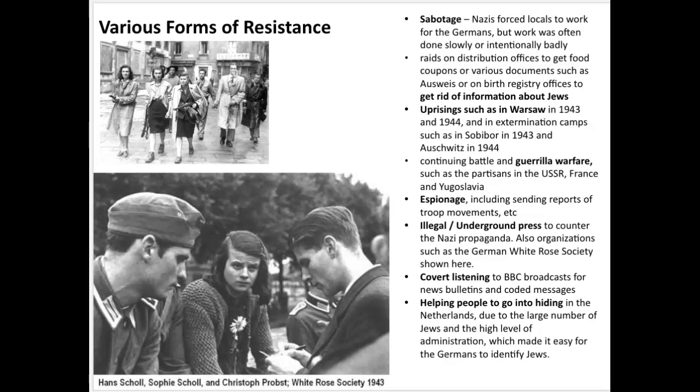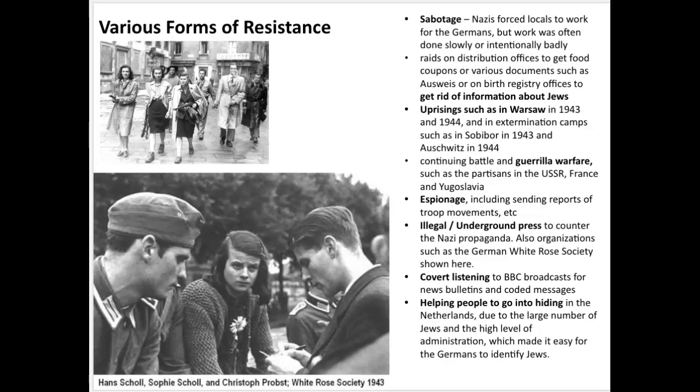There were uprisings, such as the one in Warsaw in 1943 and also in 1944. And there were uprisings in extermination camps, such as the ones in 1943 and 1944. And there were battles and guerrilla warfare with partisans from the USSR, from France, from Yugoslavia.